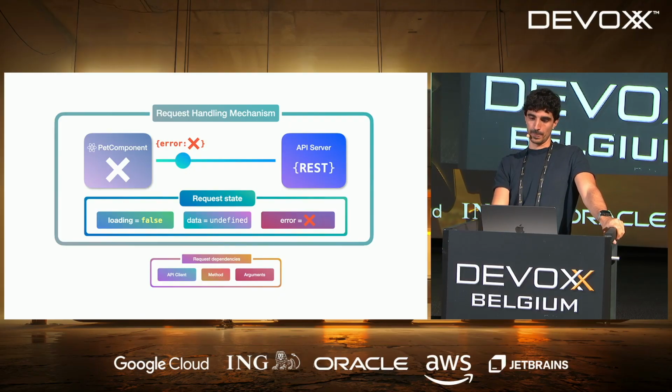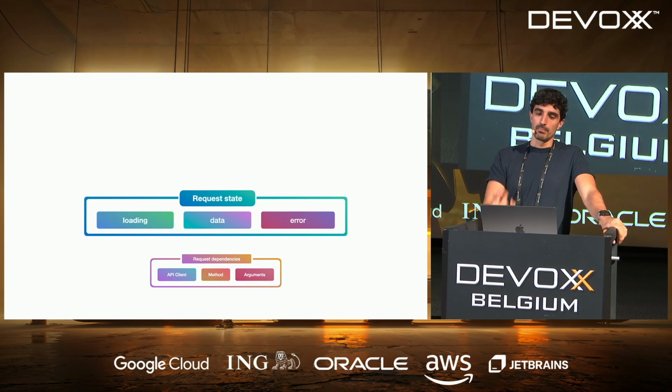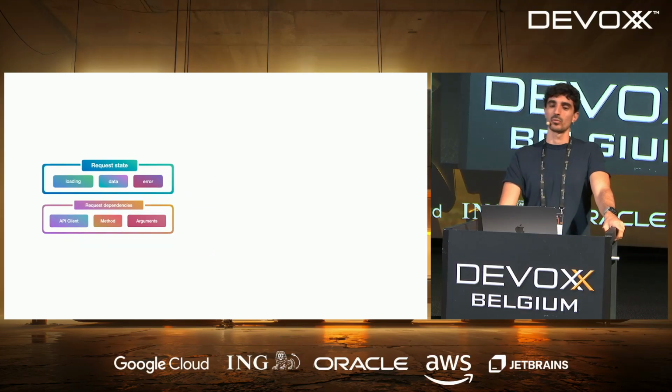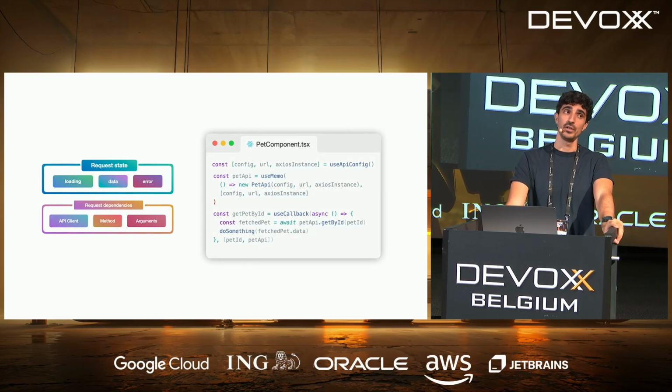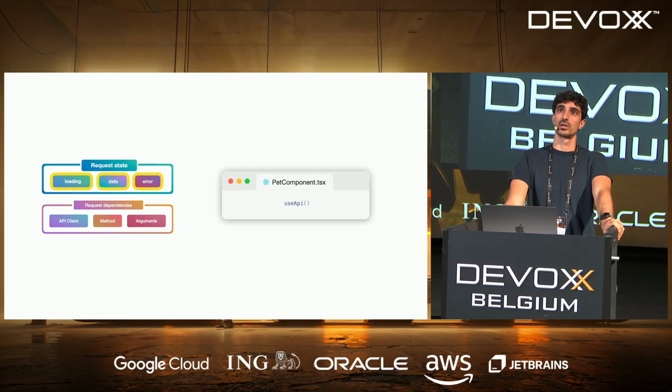All right? Now, let's keep in mind both the request dependencies and the request state. We put it aside, and then we go from the previous approach discussed before to this. Just one hook call. Much more cleaner, no?